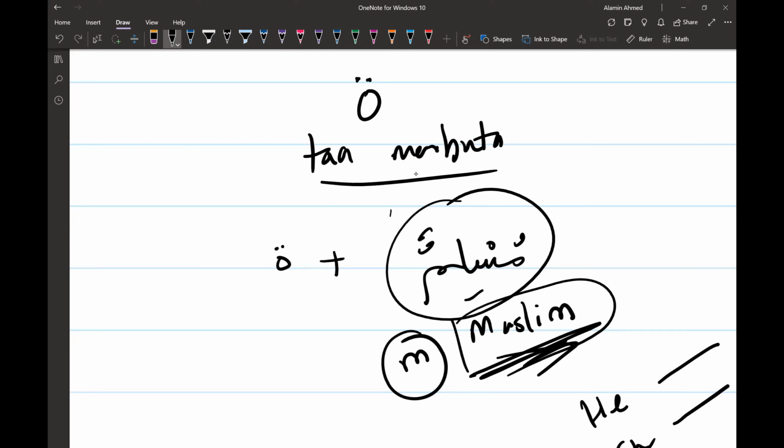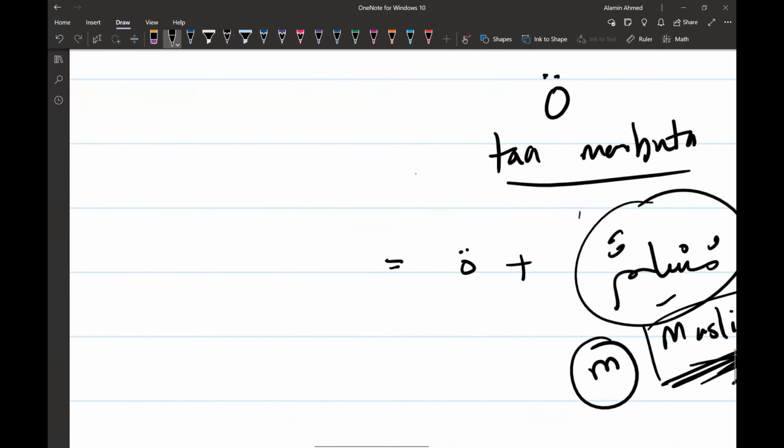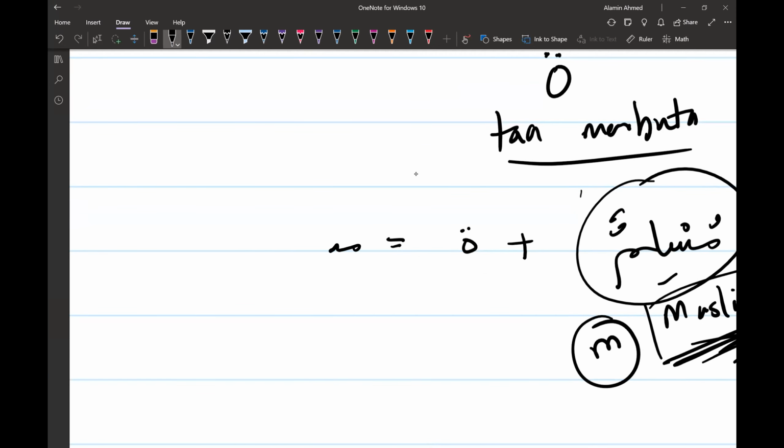This concept will be heavily important when we talk about adjectives, but I just wanted to give you this idea just now. So that means if we do want to say this is a Muslim female, then we have to add the tamarbuta. Now I'll explain how we do that.